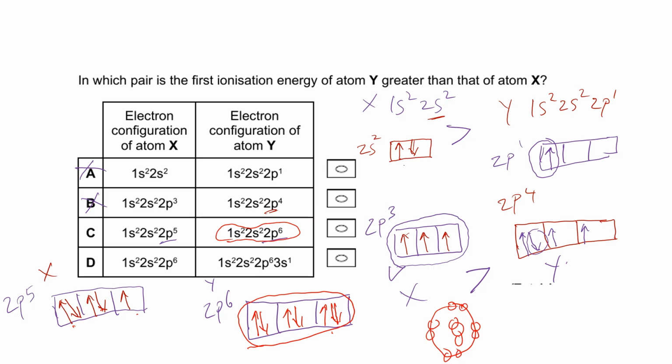So the last shell is completely filled, so it has attained its stability. It will be difficult to remove an electron from here, right? Compared to this other atom X that has 7 electrons in the outermost shell. Okay, so C is the correct answer. I hope that makes sense.